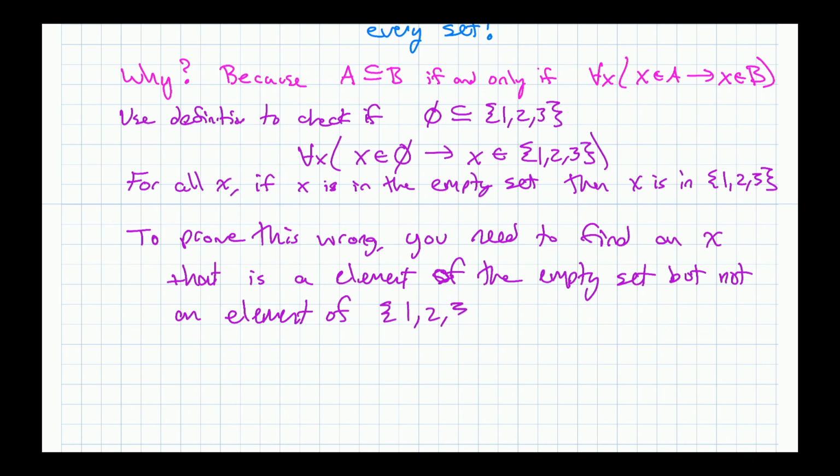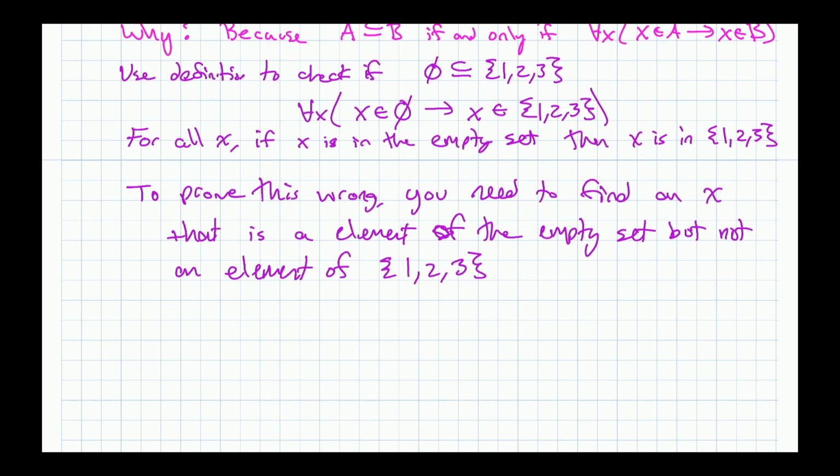Well, why can't I write? It's too late, guys. All right. So to prove this wrong, you need to find an x that is an element of the empty set. Well, how are you going to do that? The empty set doesn't have any elements. So you're never going to find an element that's in the empty set, but not in the other set.